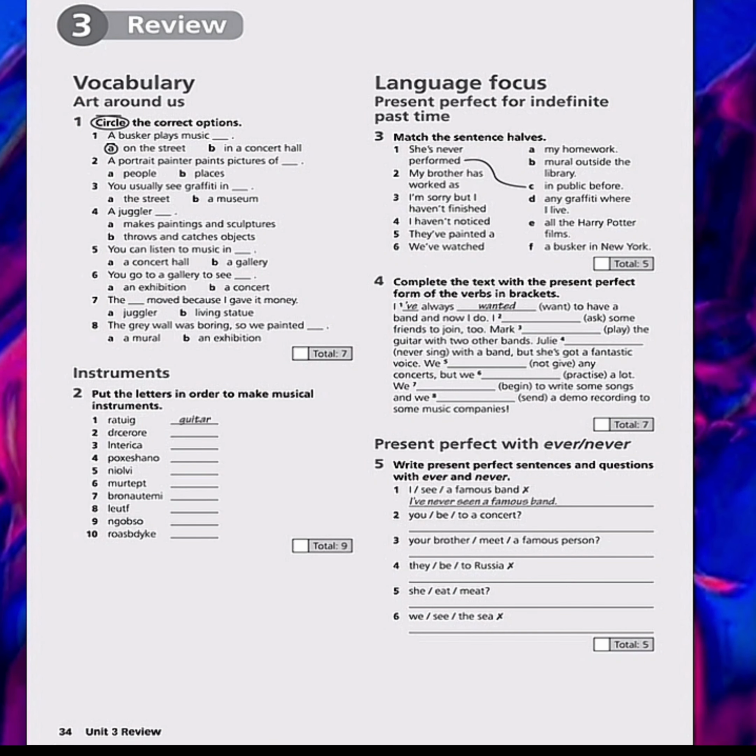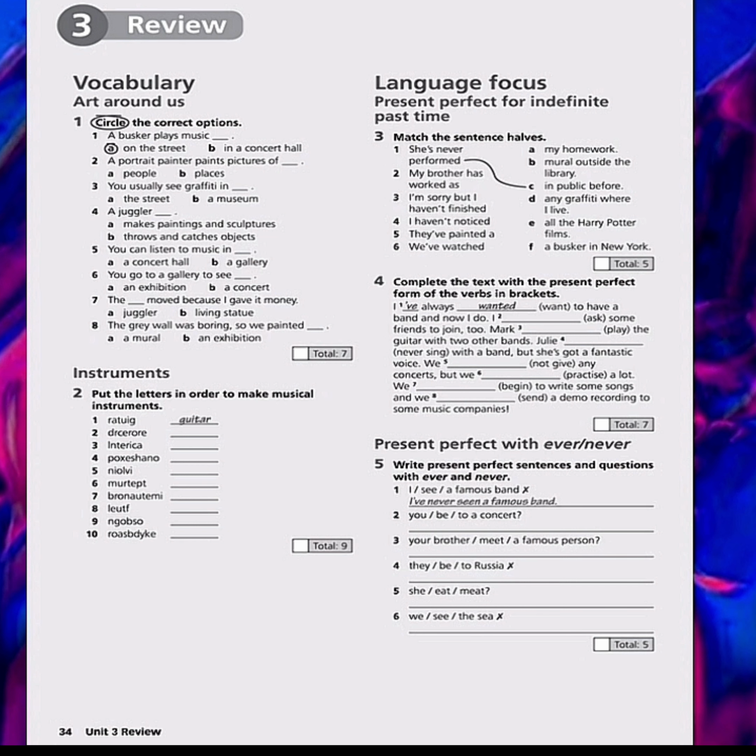Workbook page 34, Unit 3 Review. Go ahead and complete this review accordingly. Vocabulary. Art around us. Circle the correct options in number 1. Instruments. Put the letters in order to make musical instruments in section 2.